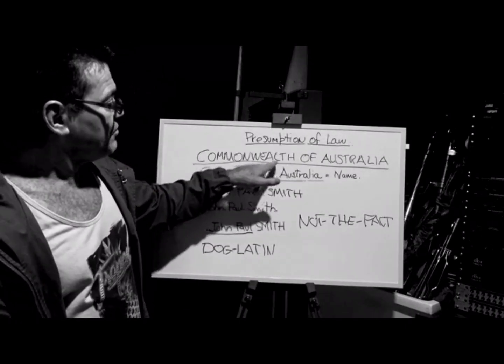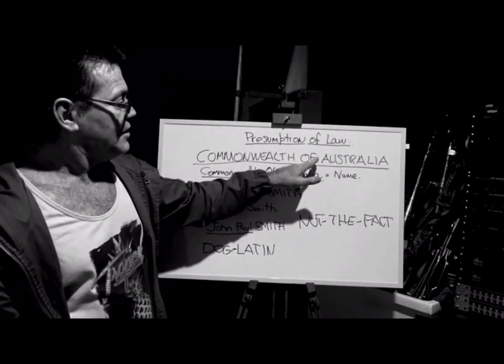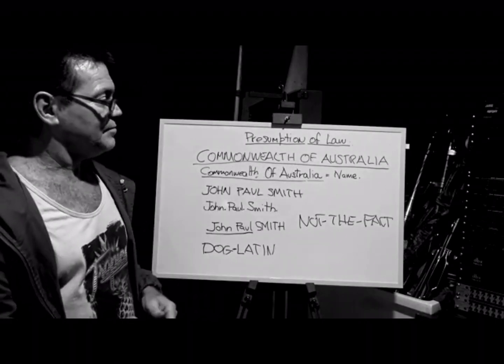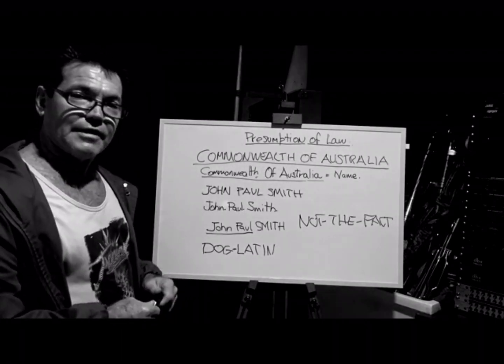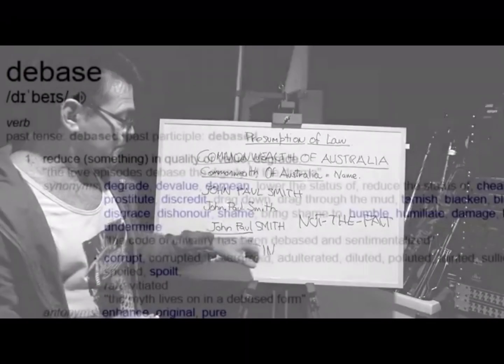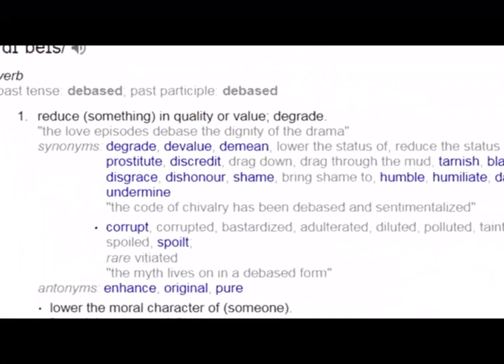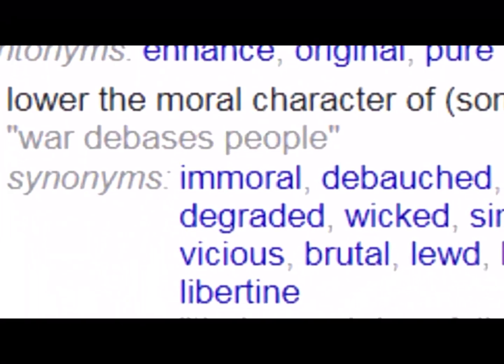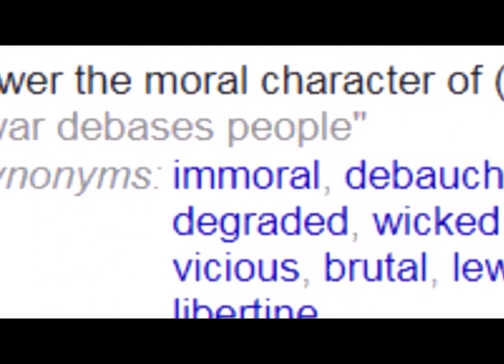So when you see this type of all uppercase text without the hyphens in between it, you're looking at a debased, a Dog Latin text legally, or a debased text under the Webster's English Dictionary, which is really a crime, criminal and immoral.